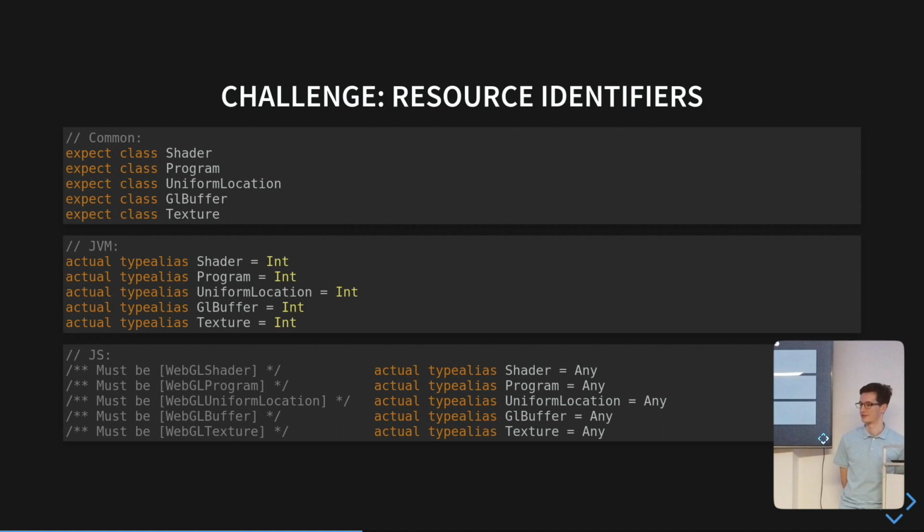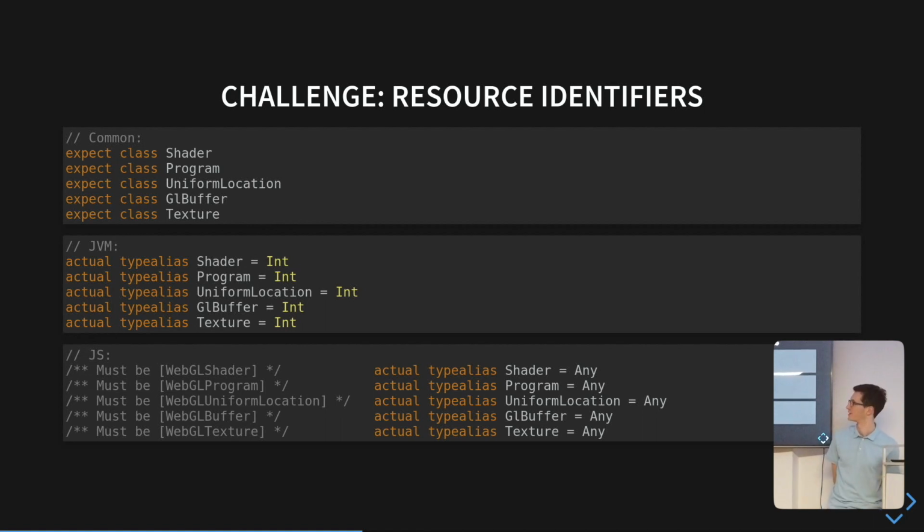One of these challenges was to use resource identifiers in Kotlin multi-platform. By resource identifiers, I mean native OpenGL resources like textures. So on the Java platform, these are represented with native integers, but on WebGL, these are represented with objects.